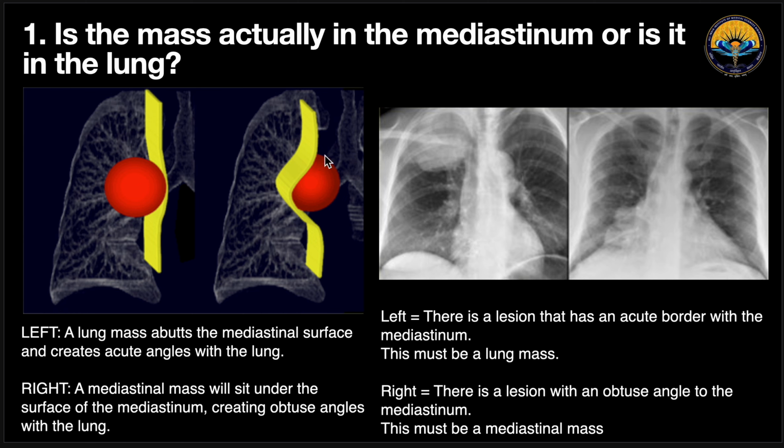But if a mass is pushing on the parietal pleura and the angle we get is an obtuse angle, then it could be arising from the mediastinum, or it could be extrapleural basically. So acute angle means lung; obtuse means mediastinum or extrapleural.